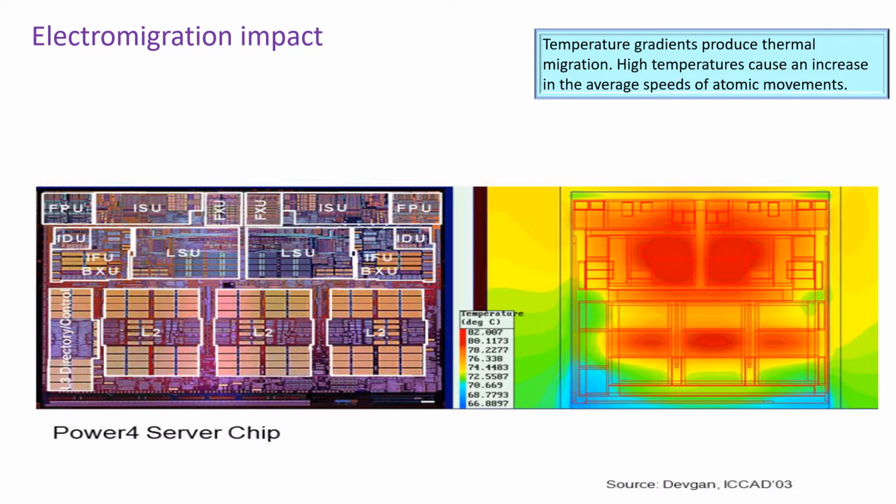You will observe that one part shown in red color is at 82 degrees centigrade, and some portions in blue color are at 66 degrees. So it is close to around 20 degrees temperature difference or gradient within the same chip, which will increase the speed of the atomic movement.